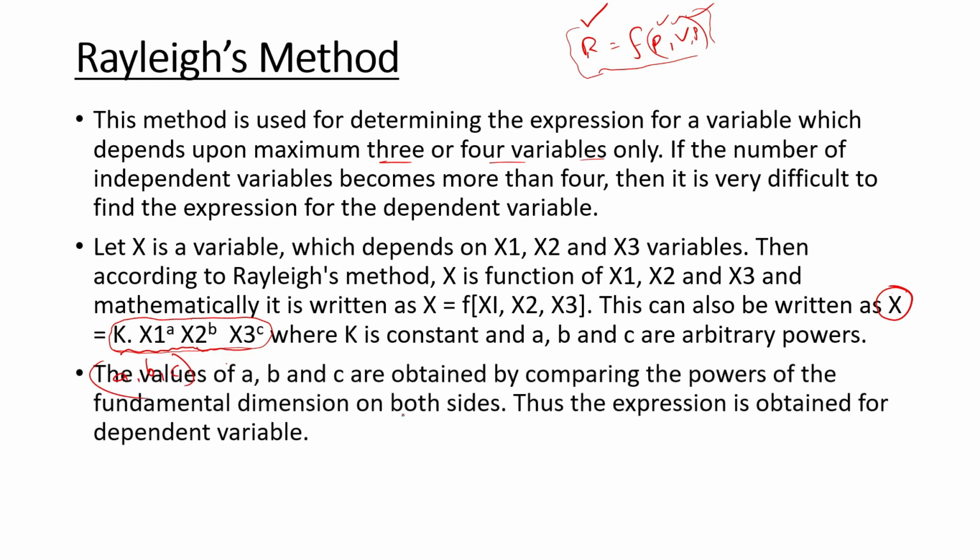The values of a, b, and c are obtained by comparing the powers of the fundamental dimensions on both sides. This is the expression obtained. Thus the expression is obtained for a dependent variable.